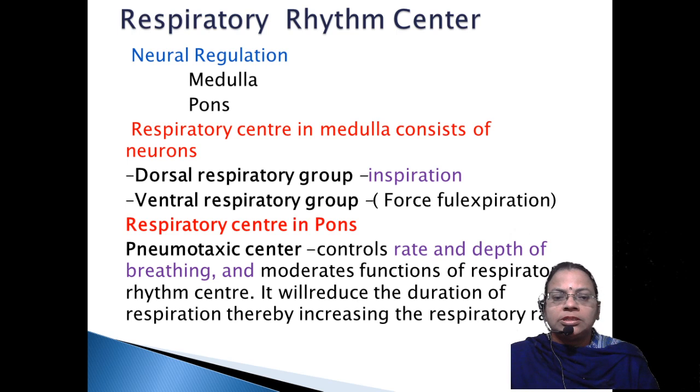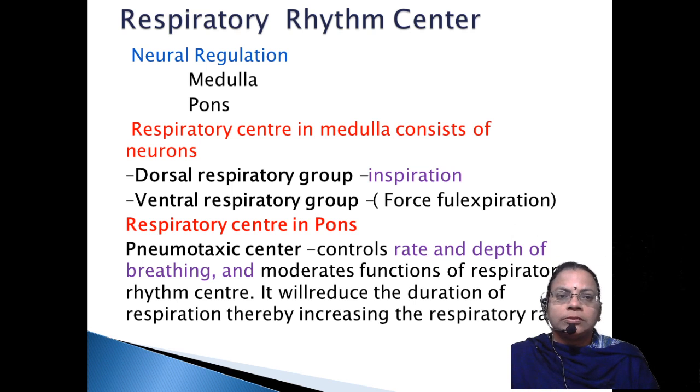In that, the receptors will sense the presence of carbon dioxide as well as the presence of H plus ions, and they send the signal to the brain itself. So it is broadly divided into neural regulation and chemical regulation. First we'll move on to neural regulation.